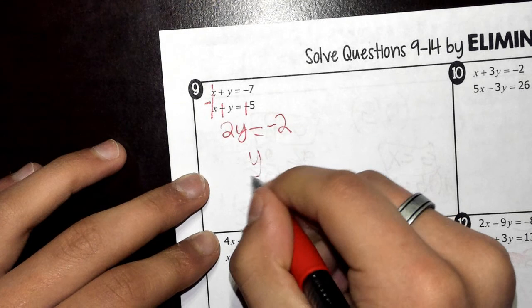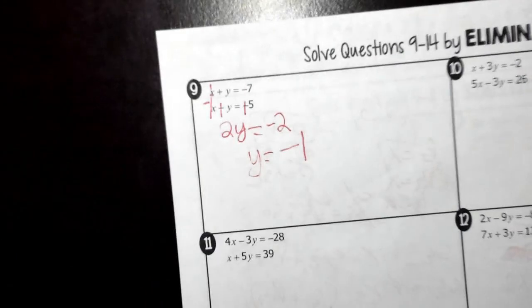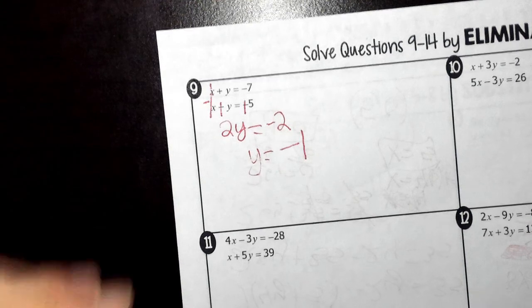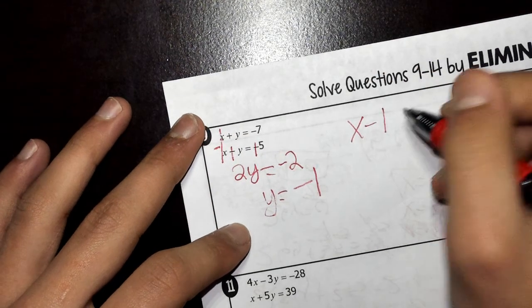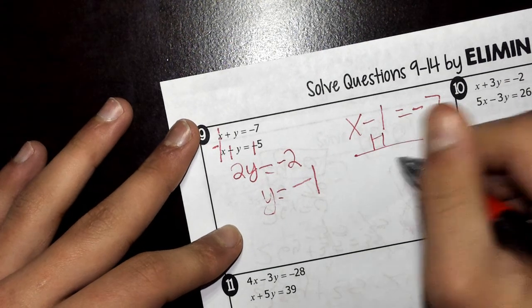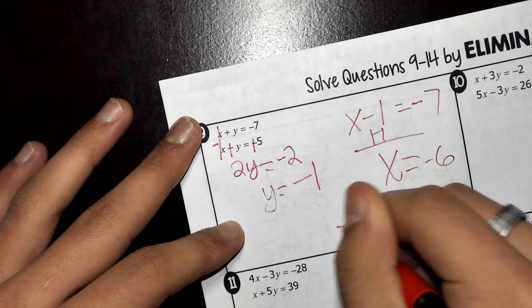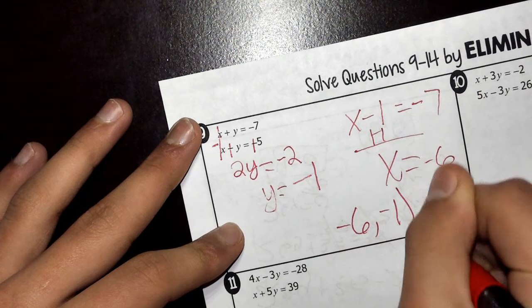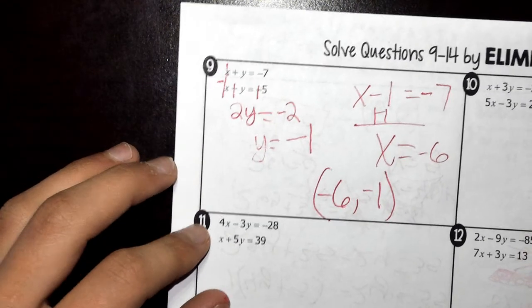So then that would be y equals a negative 1. Pretty simple, right? And then that would be x minus 1 equals negative 7 plus 1, x equals a negative 6. So it'd be negative 6, negative 1. And that's your answer.